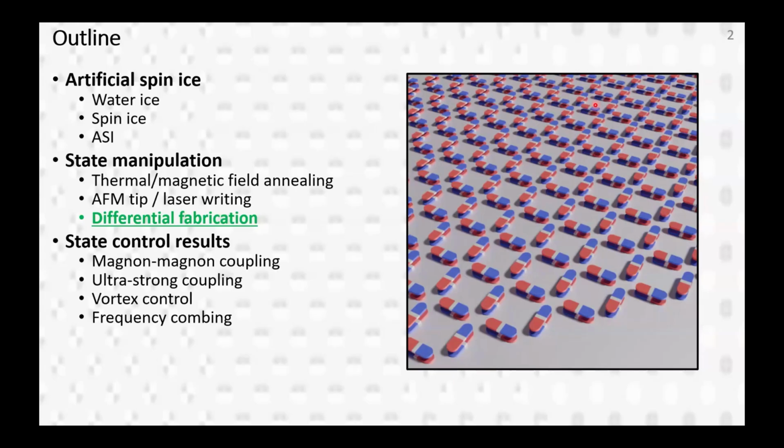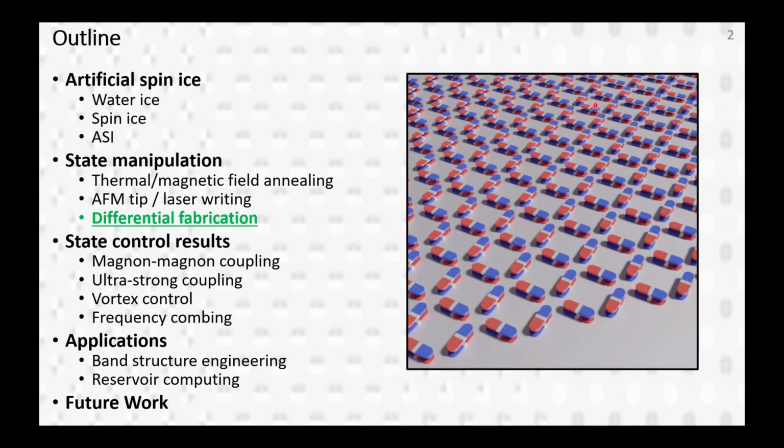The states that we're able to access with this technique have led to some interesting results, and those results have also led to some interesting applications. So that's the title of my talk. If I have time, I'll talk briefly about some future work in this space.